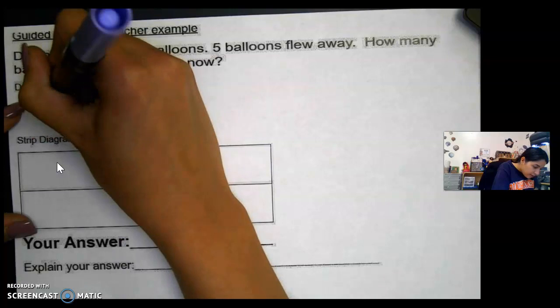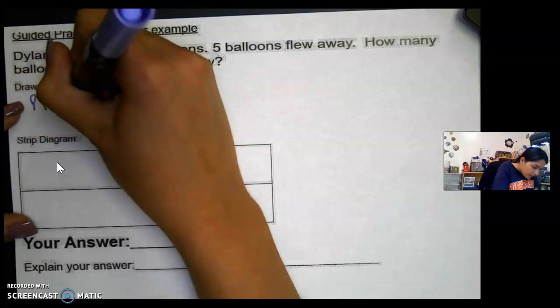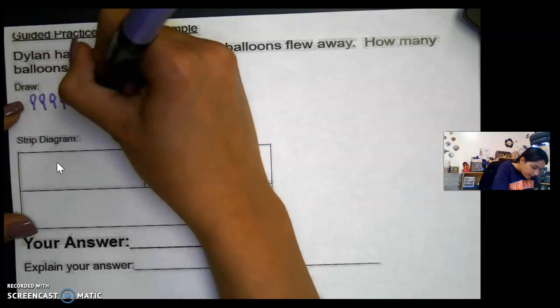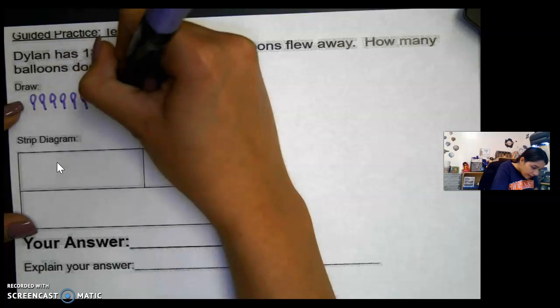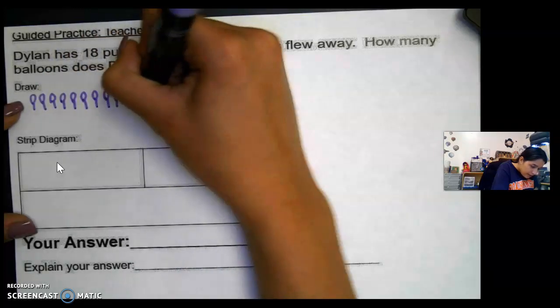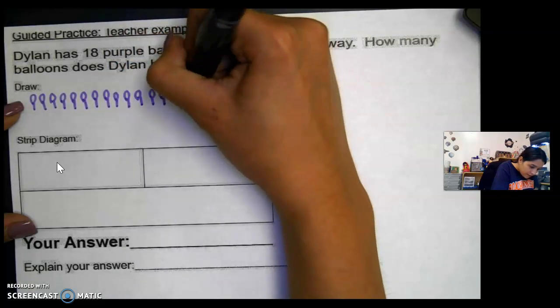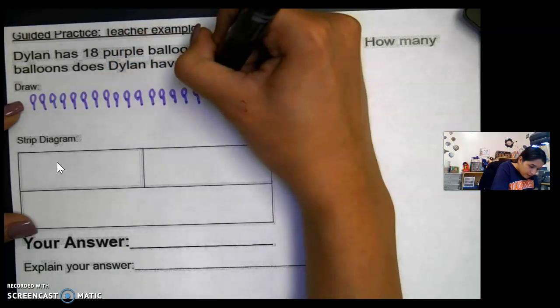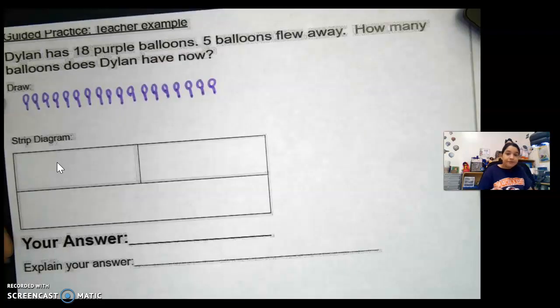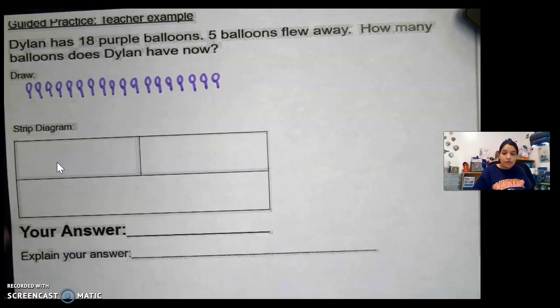1, 2, 3, 4, 5, 6, 7, 8, 9, 10, 11, 12, 13, 14, 15, 16, 17, 18. So I have 18 balloons. Now I'm going to get 18 purple linking cubes.